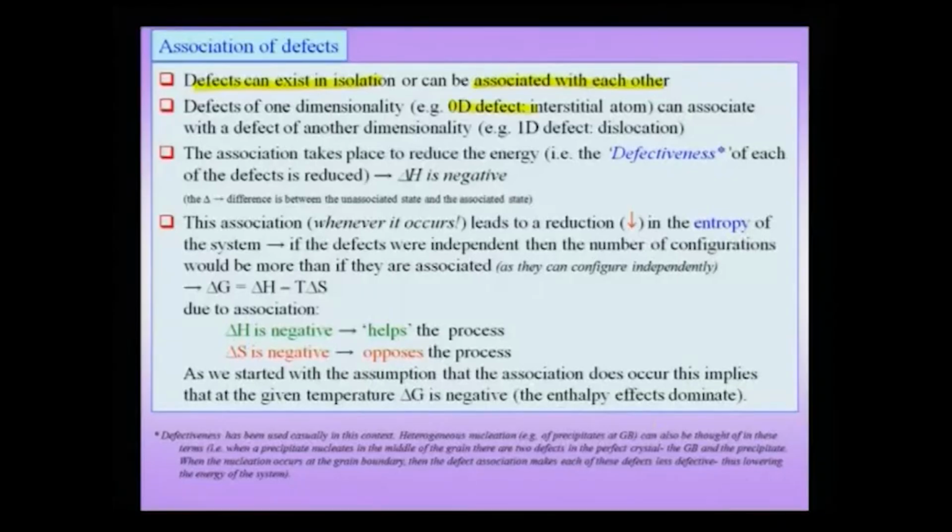Now, the important thing is that a defect of one dimensionality, for instance a 0-dimensional defect like an interstitial atom, can associate with a defect of a different dimensionality, like for instance a 1-dimensional defect like a dislocation. Of course, there could be association of defects of the same dimensionality, for instance a vacancy could also get associated with another vacancy.